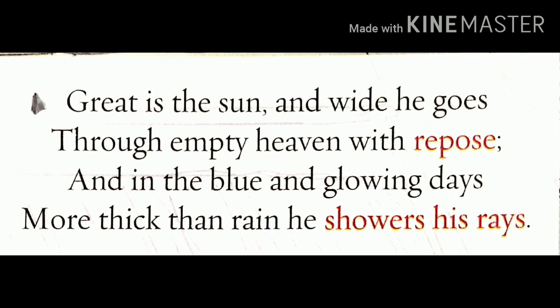So great is the sun and wide he goes. The sun is a big and happy person and he can go anywhere. Through empty heaven with repose means without thinking about anything, calmly sunlight can travel everywhere.